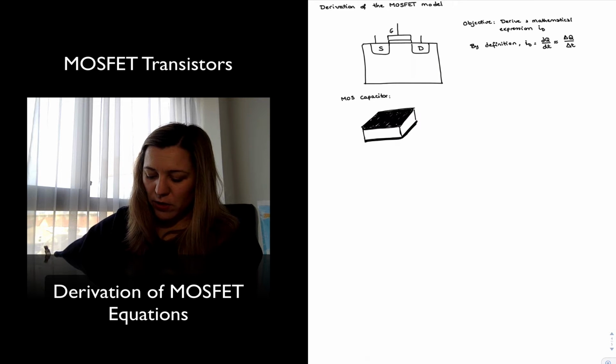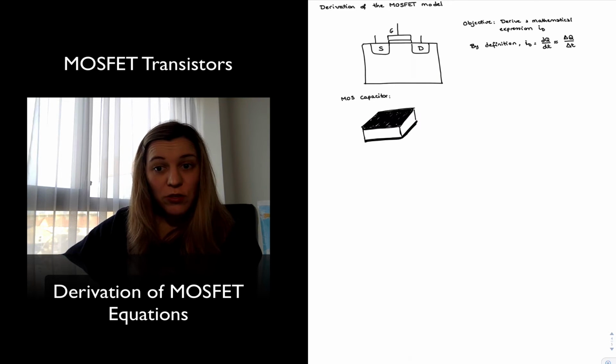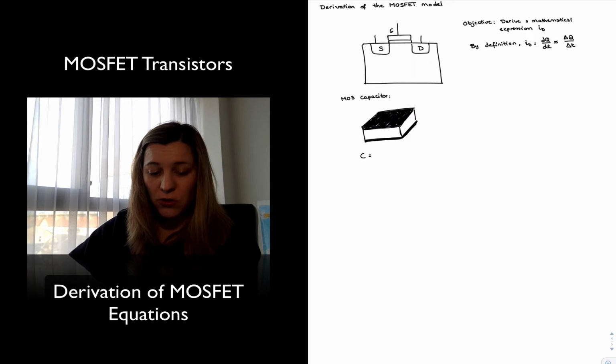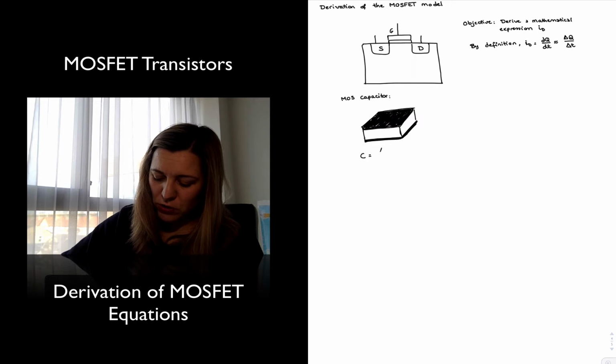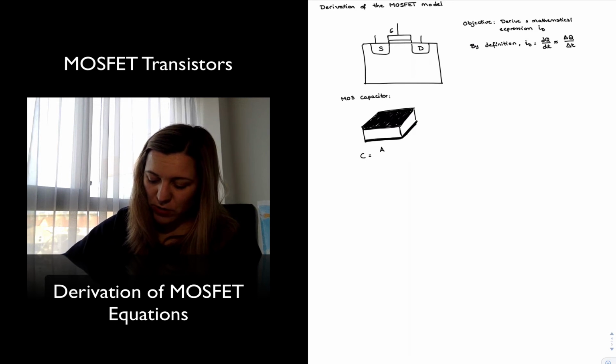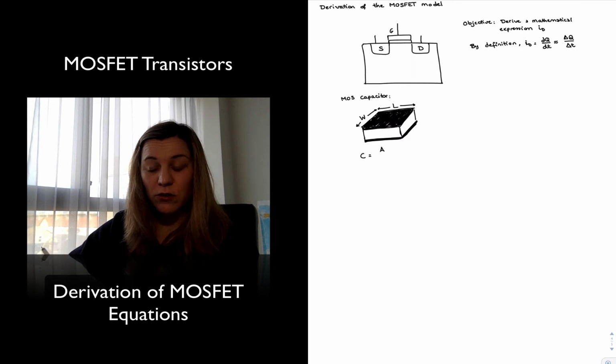I'm going to write down the expression for my capacitance, the generic expression for the capacitance of a parallel plate capacitor. So the capacitance is proportional to the area of the capacitor, and the area is going to be the width times the length, assuming a rectangular shape.